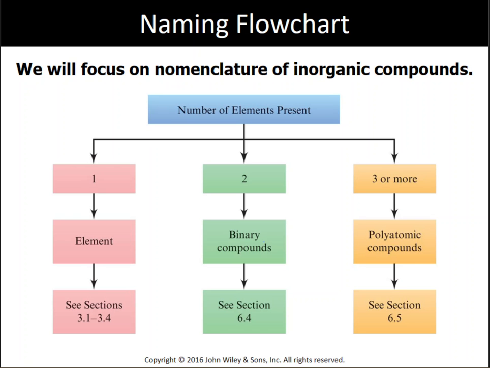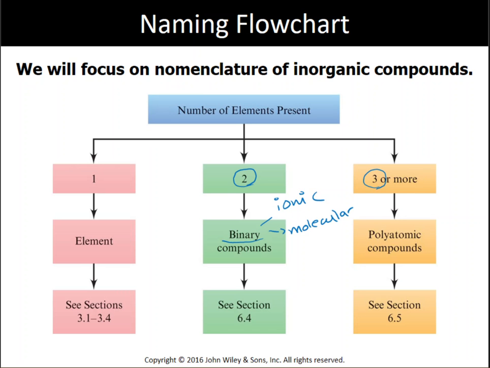So binary means two. And ternary compounds are composed of three elements or sometimes more. In terms of binary compounds, we're going to look at binary ionic and binary molecular compounds.